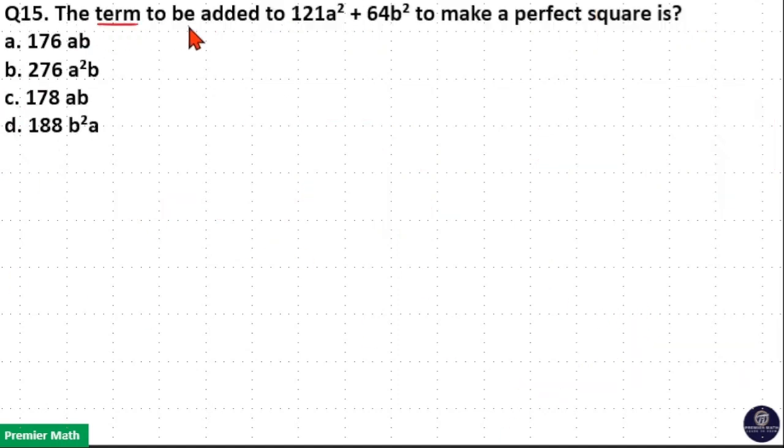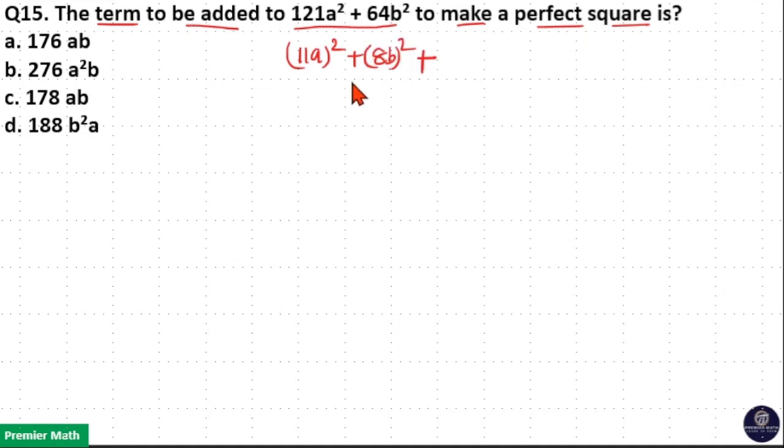The term to be added to 121a square plus 64b square to make a perfect square is. Here 121a square can be written as 11a whole square, plus 64b square means 8b the whole square.